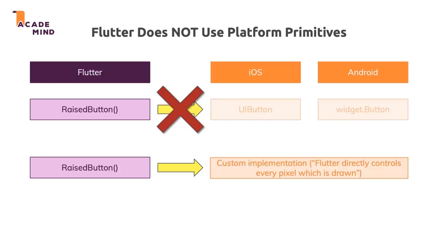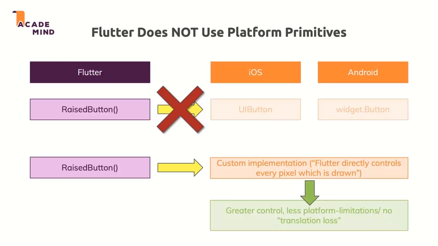And that gives Flutter a lot of control and a lot of flexibility. Now, you don't have to care too much about that because Flutter does it for you, but it's important to be aware of that because that gives Flutter more control and less limitations, and therefore you implicitly, indirectly benefit from that. You have a good performance, you have a lot of power, a lot of things you can configure, you have full control over how you want to build your user interface.